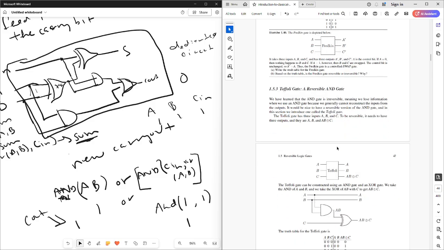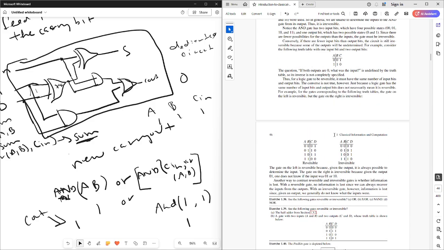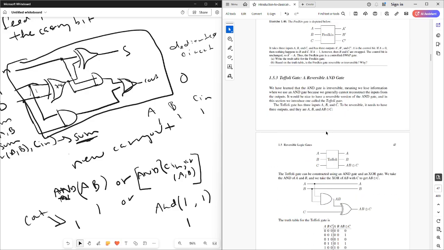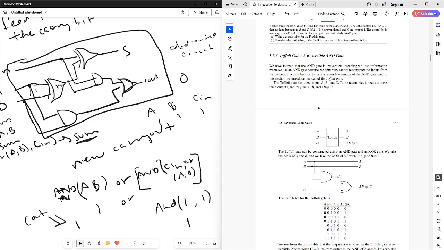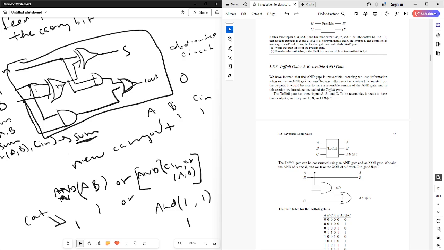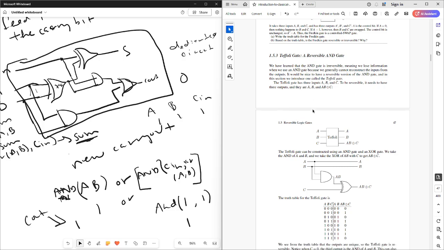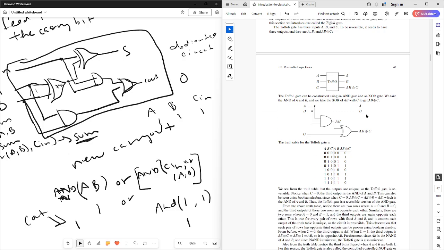to essentially, well, we see that a little bit later on, but the Toffoli gate, right, it's a controlled... The Toffoli gate is constructed using an AND and an XOR.